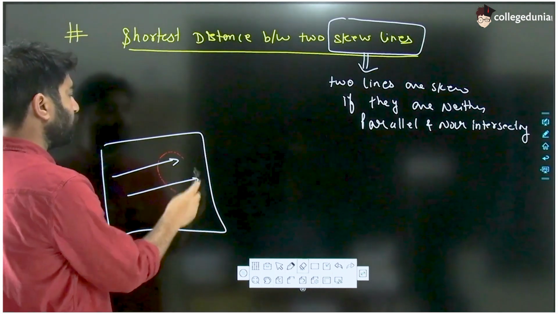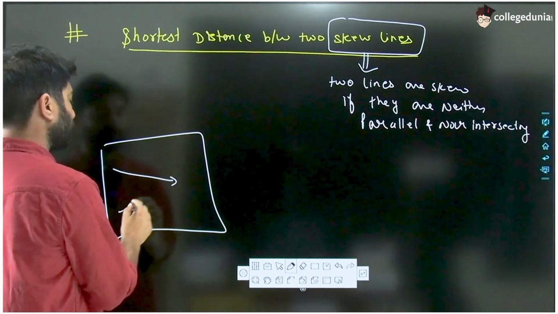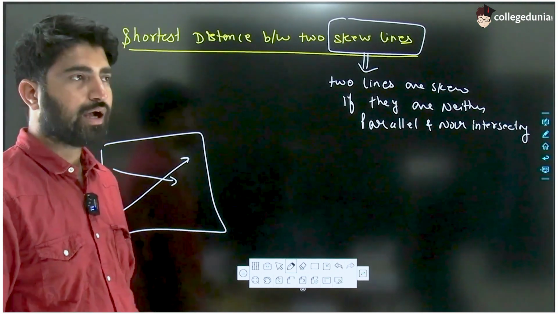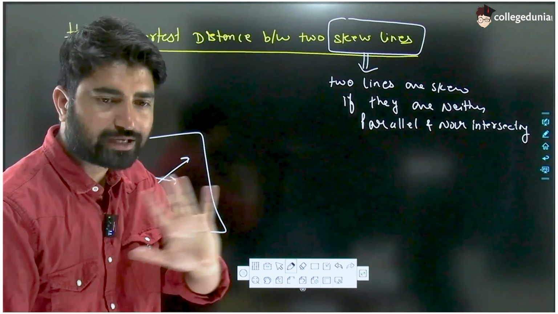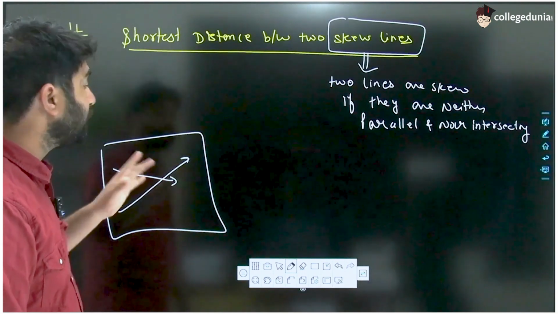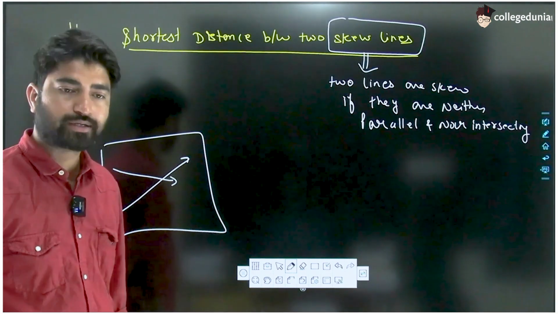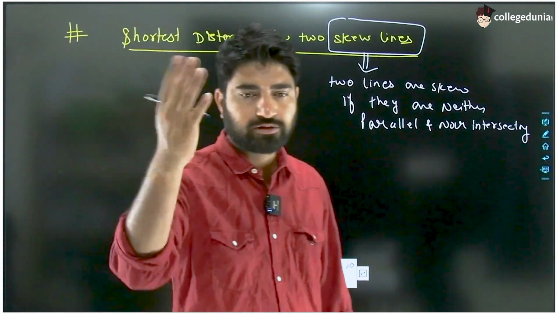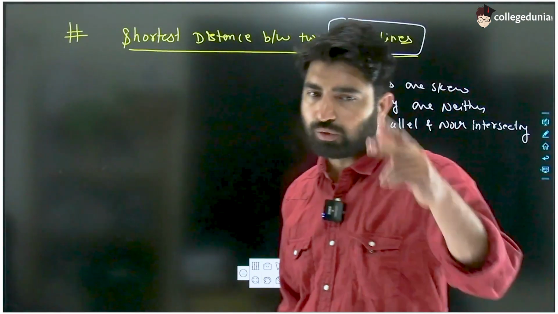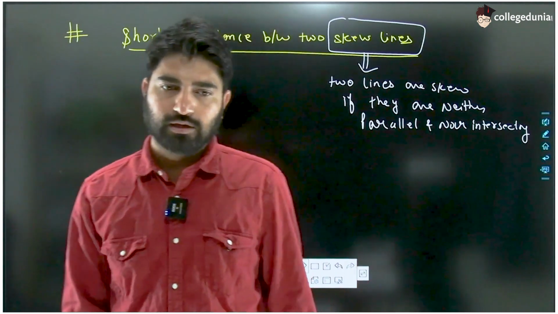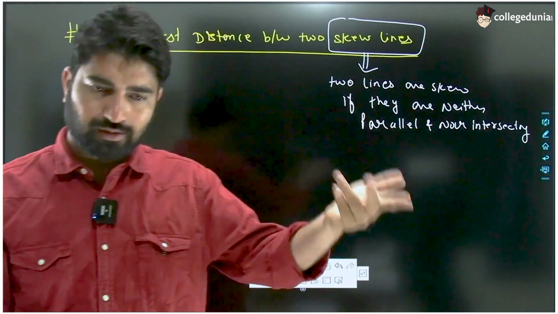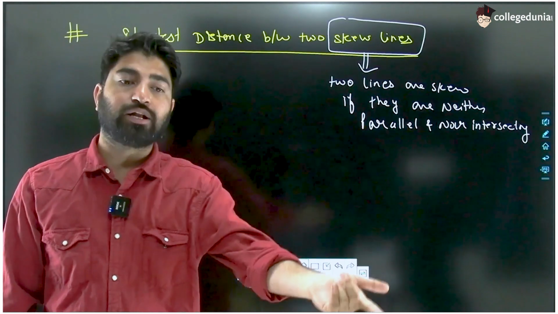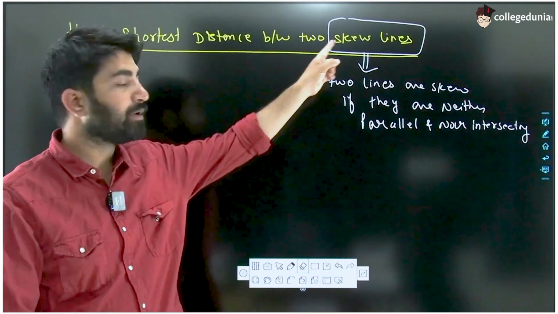But suppose two lines are not parallel, then they will be intersecting, right? If two lines are parallel they will never intersect, but if they are not parallel, then sooner or later they will intersect, okay? But when we talk about 3D space, two lines can be intersecting, two lines may be parallel, but two lines can also be neither parallel nor intersecting. In that situation, they will be skew lines.